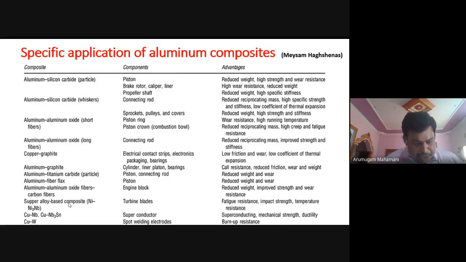Then superalloy-based composite: as I said in matrix, nickel can also be used as a matrix material. Ni3Nb superalloy-based composite is used in turbine blades. Copper niobium and copper tungsten composites are used in superconductors and spot welding electrodes. So these are all the applications. Hereafter, if anybody asks what is the specific application of composite, you can tell directly.